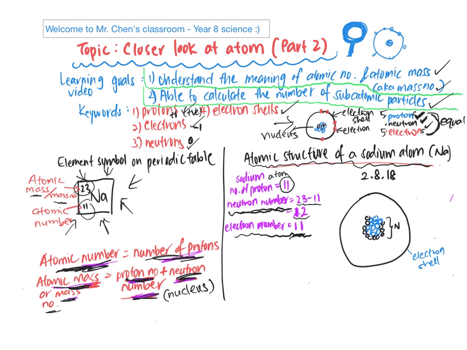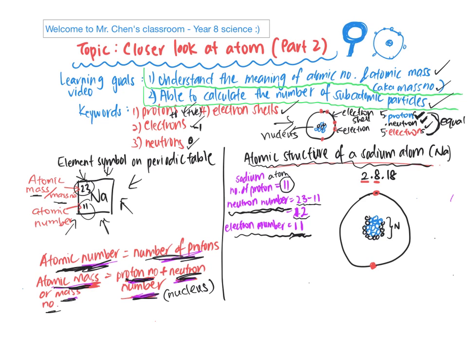Alright, I'm gonna teach you what that means. So the first layer, the first electron shell, which I have drawn out there, can only hold 2 electrons. So I'm gonna draw 2 electrons, which will be that, and the second shell can hold up to 8.